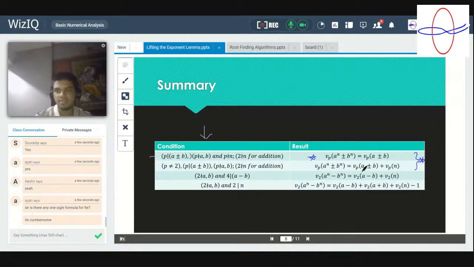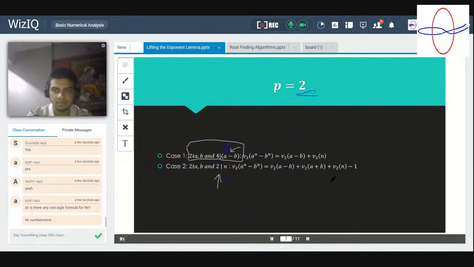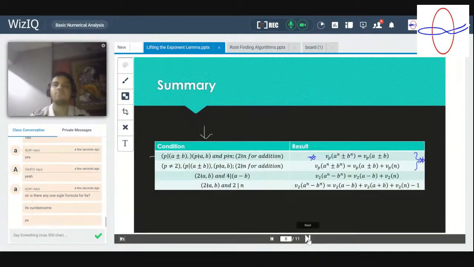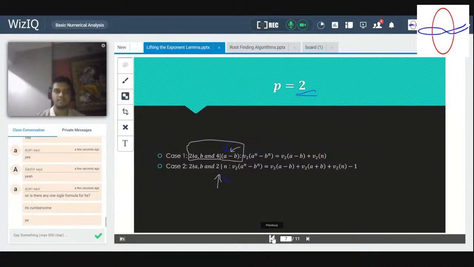Generally, the result is of the form vp of a plus minus b plus vp of n, except for this last case that we consider, where it's a little bit more complicated. But again, you'll have to keep track of each precondition and decide which precondition actually works for you, and verify that all of the requirements for that condition are correct before using LTE.